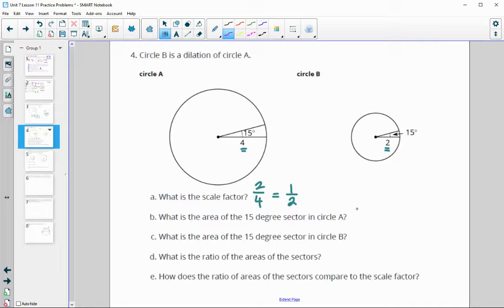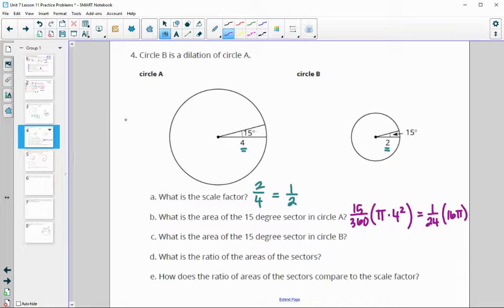So we can calculate this area. We've got 15 degrees out of 360, and then times the total area. So that's going to be pi times 4 squared. That 15 over 360 simplifies to 1/24 as a fraction, and then we have times 16 pi.